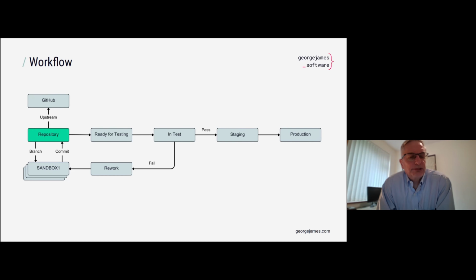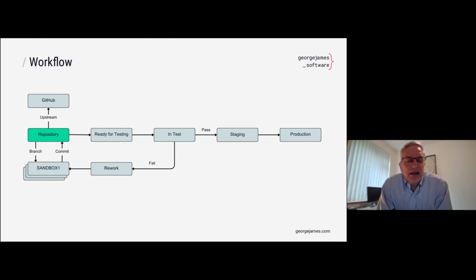You'll see some branch and commit operations, where branches are taken from the repository. We'll make changes to code and so on in the sandbox, and then we'll commit them back into the repository. At that point, they'll get pushed upstream to GitHub, and we'll show you what that looks like.